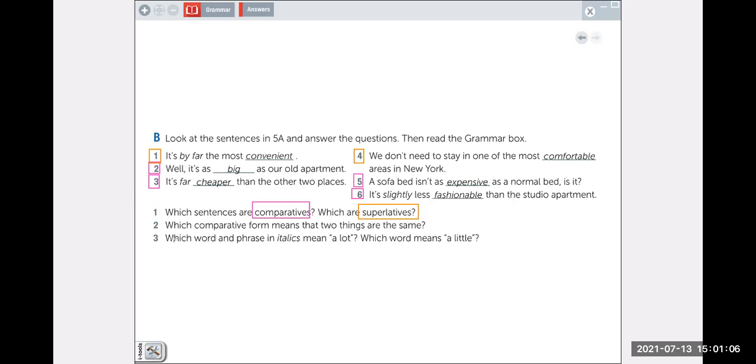What about the next question? Number 2. Which comparative form means that two things are the same? Which of them? Maybe 3 and 6. I don't know. 3 and 6. 2 and 5.